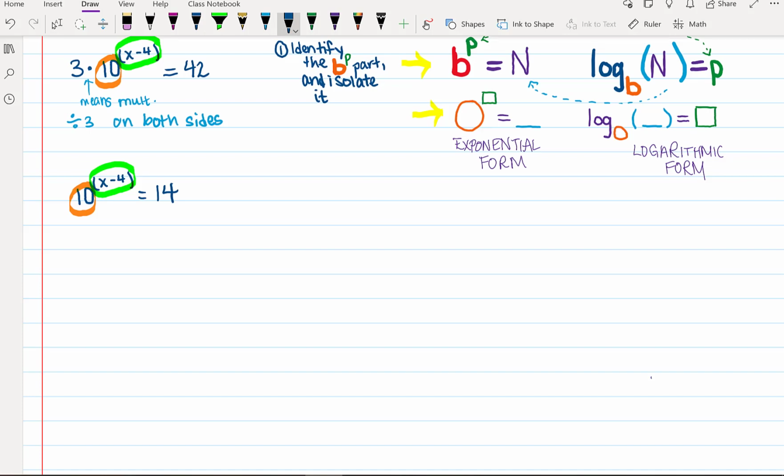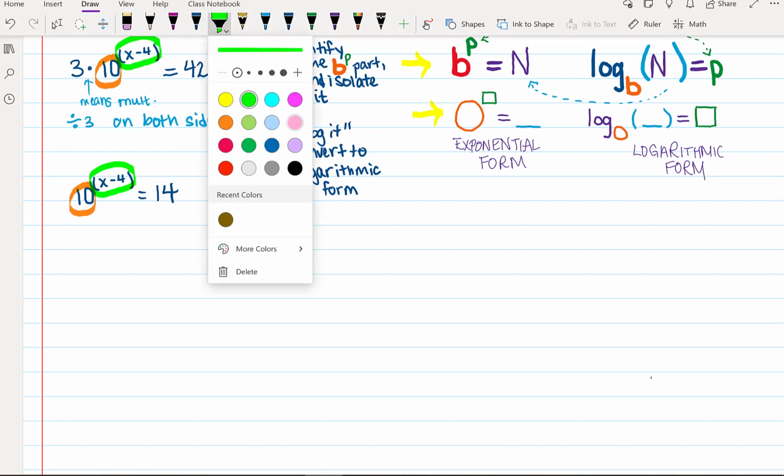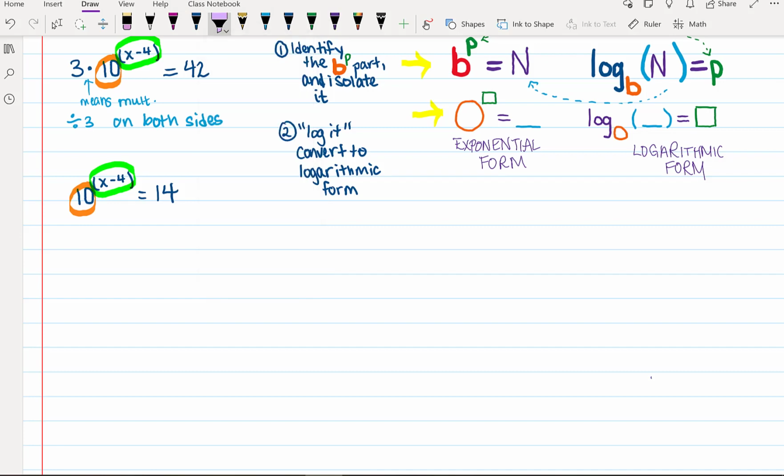I have something where my unknown is in the exponent. So the next thing I'm going to do, I often just call it logging it, is convert from exponential form to logarithmic. If we want to think about the color coding we've been using, there's one thing left to color code, I suppose, and that's that output.